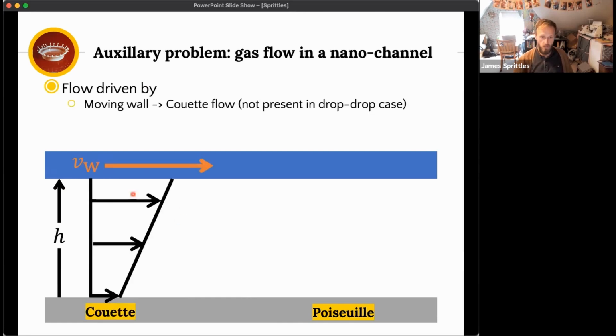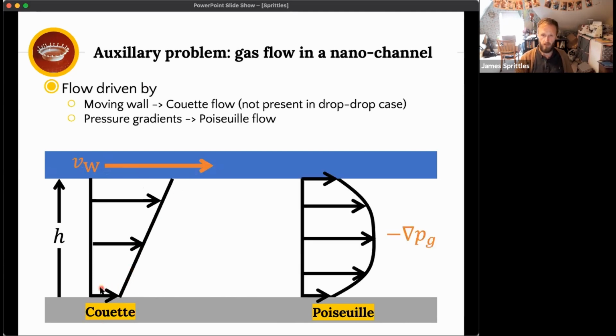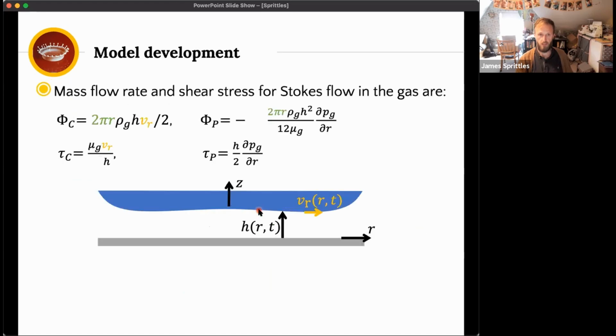There are two components which we're all well aware of. Firstly, the liquid itself could drive a flow in the gas through Couette flow. And secondly, if there are pressure gradients, then we can drive a Poiseuille flow. And it's the addition of these two flow rates which gives us our total mass flow rate.